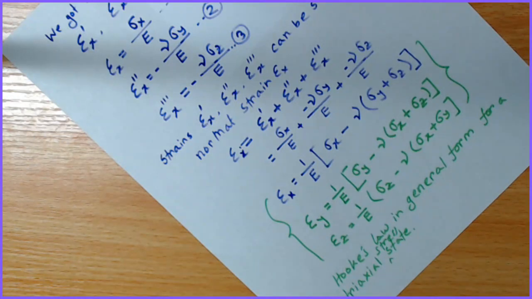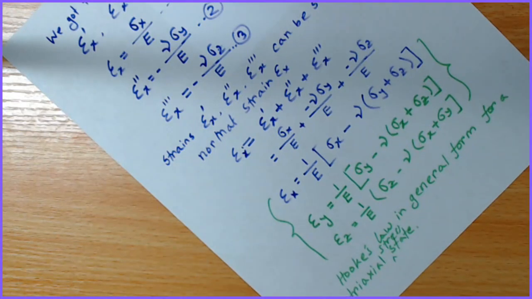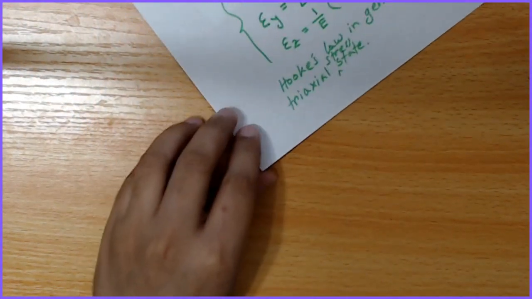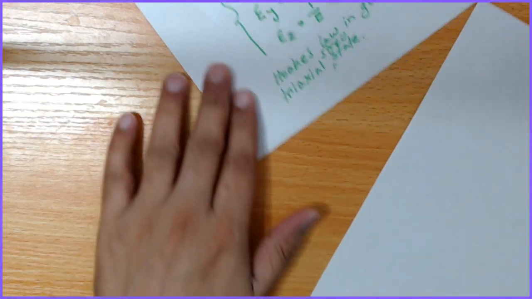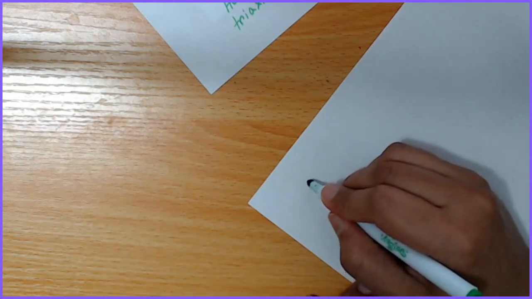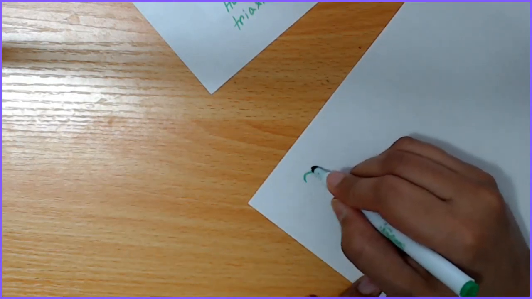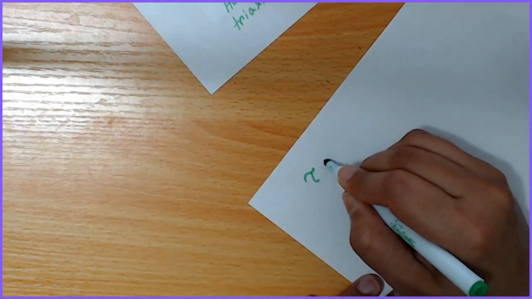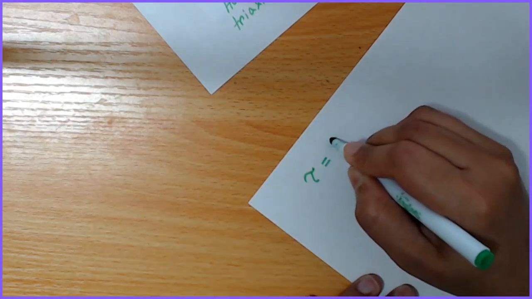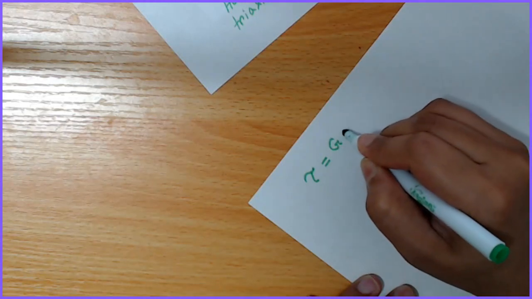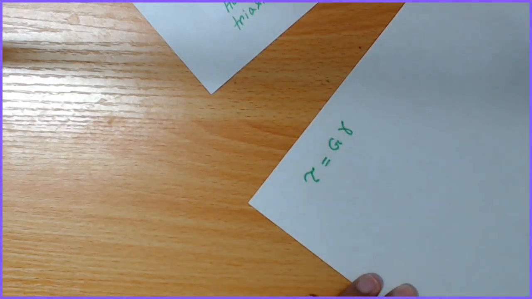We know that Hooke's law is also valid for shear strain. We know the shear stress tau is equal to shear modulus times shear strain, right? We have learned this before.